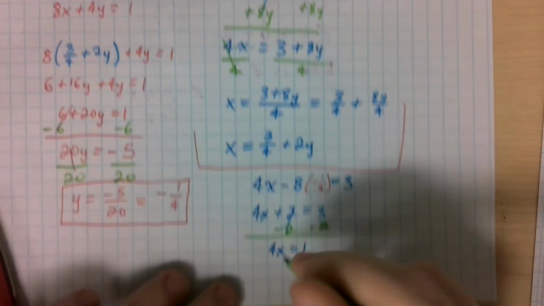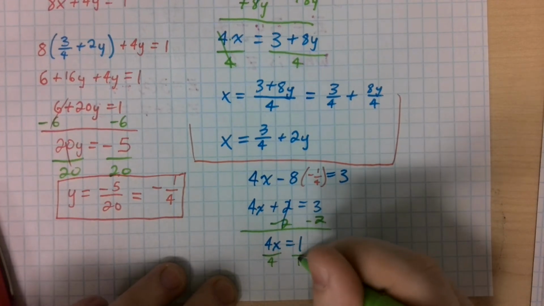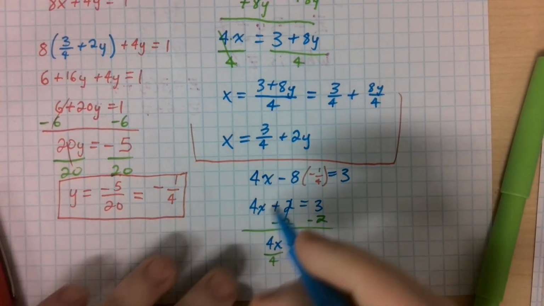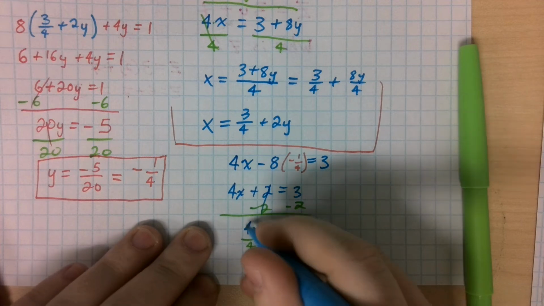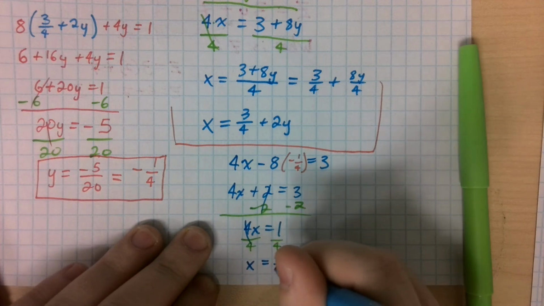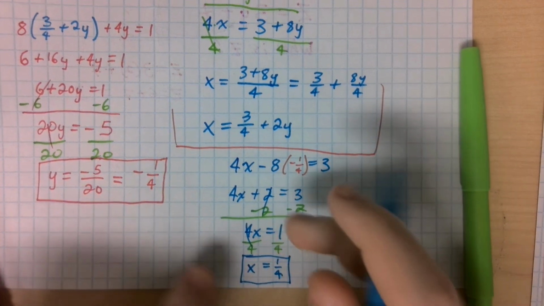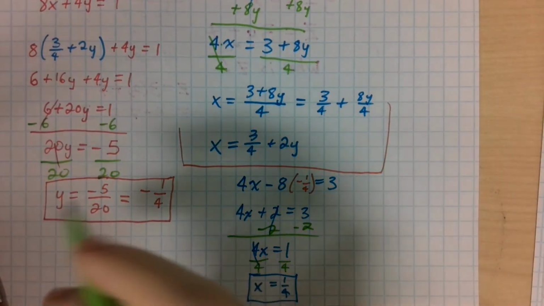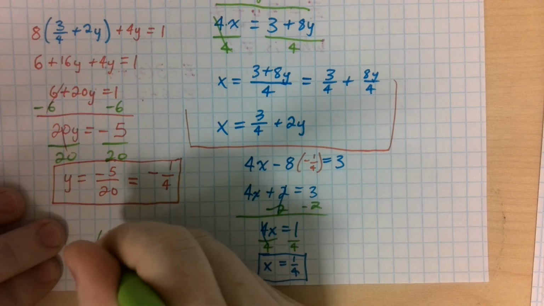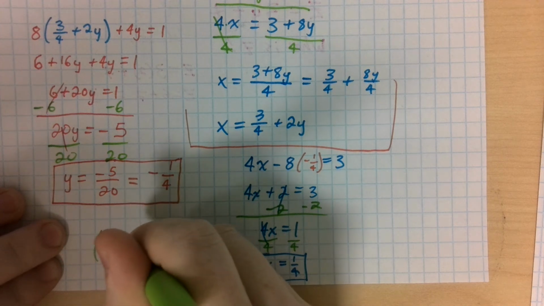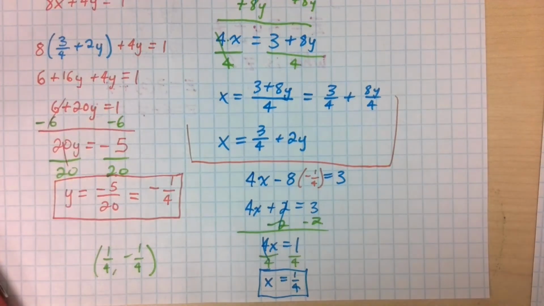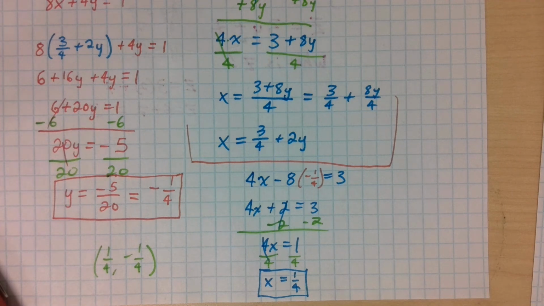And to get x by itself, we divide both sides by 4. When you do so, we should get x all by itself equals 1/4. If x equals 1/4 and y equals negative 1/4, our point is 1/4, comma, negative 1/4. And that's the end of that one. Very nice.